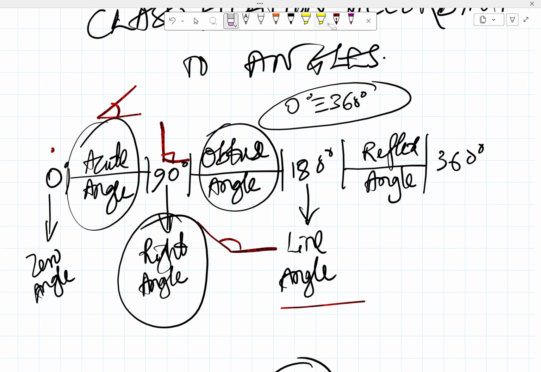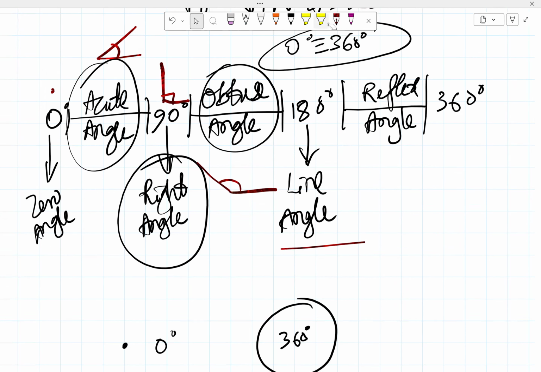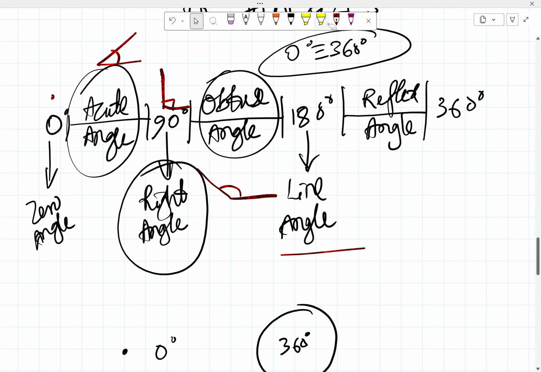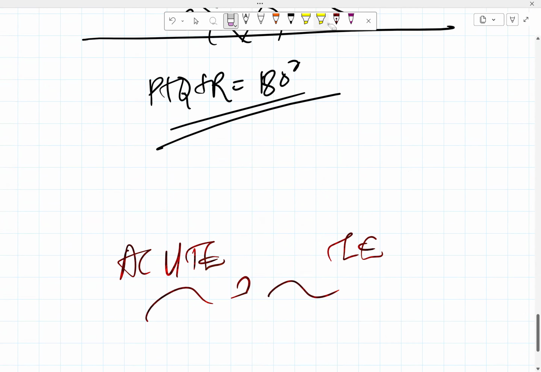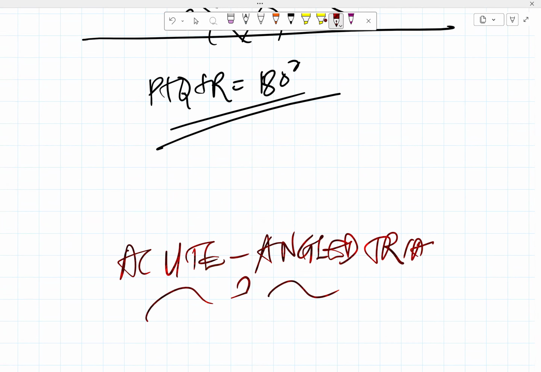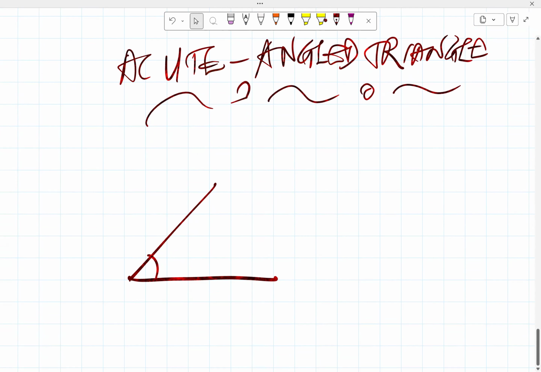We have acute angled triangle, right angled triangle, obtuse angled triangle, like that. So back here, an acute angled triangle has at least one acute angle, and this is less than 90. So if you close this up, this is an acute angled triangle.